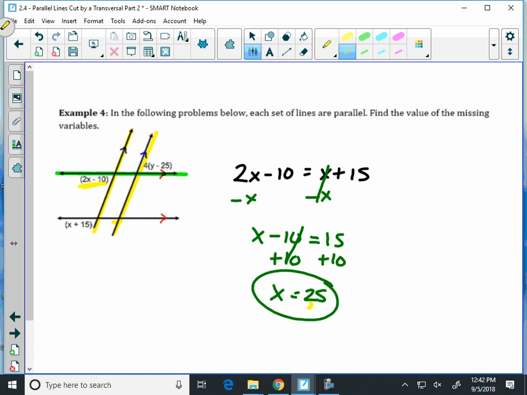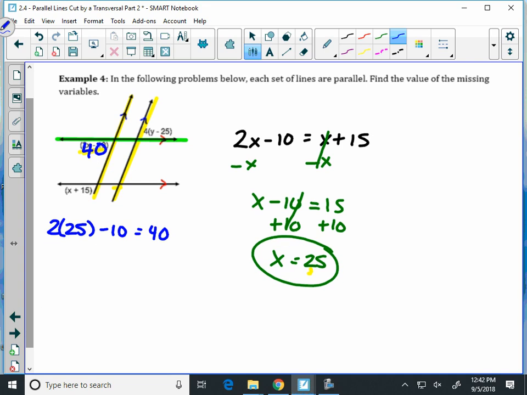Then you can set it equal. So when we take 25 and plug it in for x, 50 minus 10 is 40. Good. So this angle now is 40. Now we can set them equal. So we're going to say 4 times y minus 25 is equal to 40.